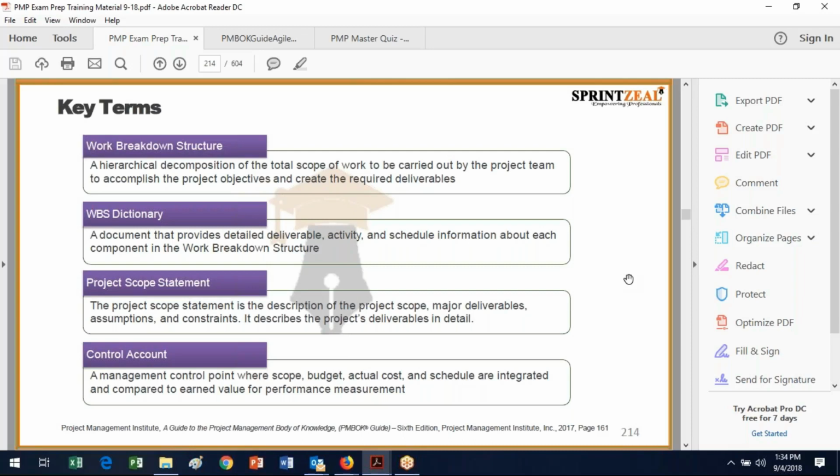So say if your control accounts are at the work package level, a management control point is where the scope, budget, and actual cost and schedule are integrated and compared to earned value for performance measurement. So we'll talk a little bit more about earned value in the... Huh? Does this contain any variances? It says budget, actual cost.